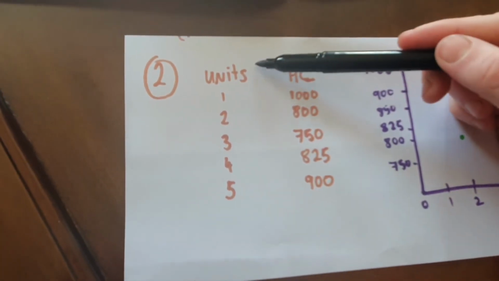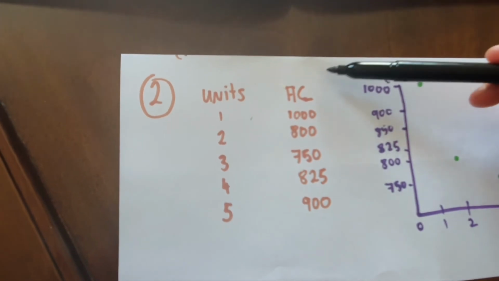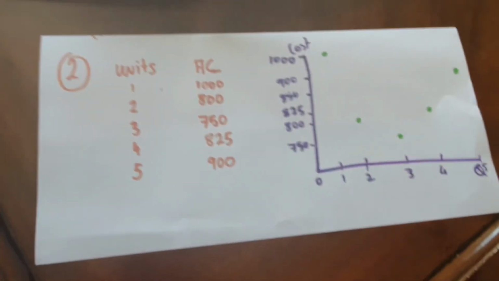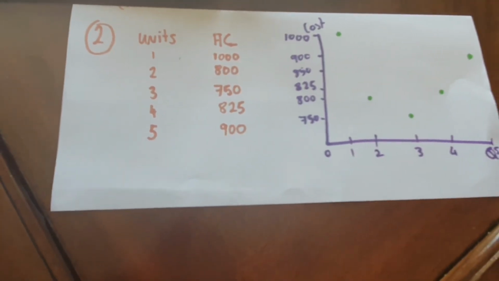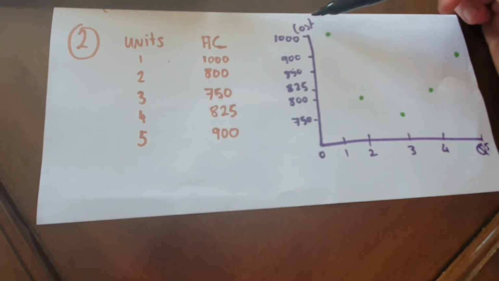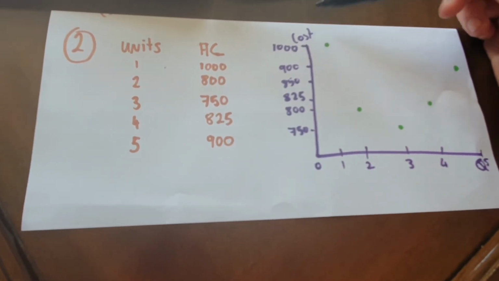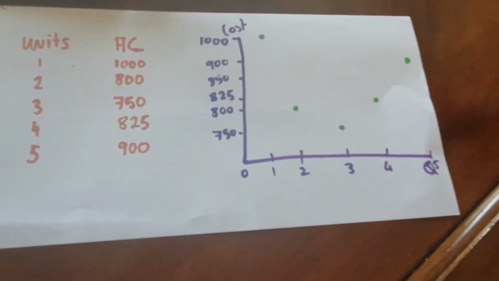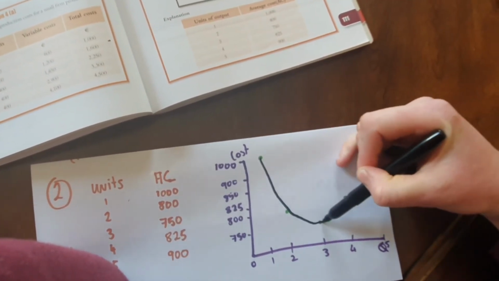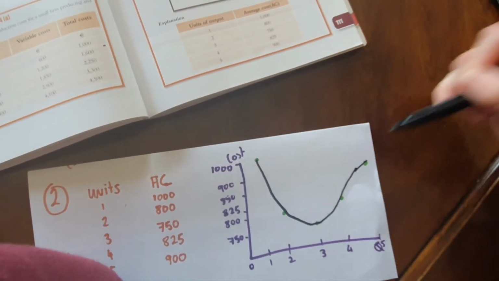So you have your units 1 to 5 and your average cost for your units 1 to 5. As always, your quantity is going on your x-axis, your cost on your y-axis. So write it out, plot all your points, and then once you have that done, it's a matter of joining them up.